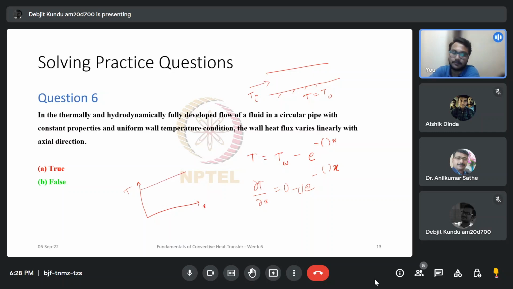So it's a hot pipe at a constant temperature, and there is a cool fluid coming in. As it is flowing, heat is being transferred from the wall to the fluid. So the fluid is getting gradually hotter. This temperature difference is decreasing. But as this temperature difference decreases, the rate of heat transfer will also decrease.